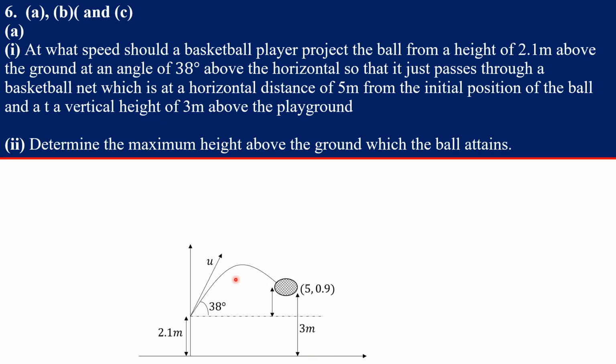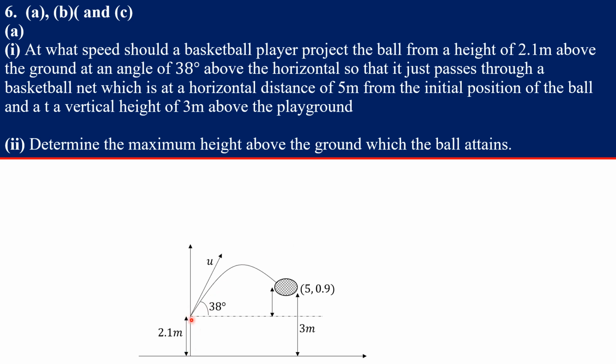So this is really what is happening. You're projecting the ball 2.1 meters above the ground, and the net itself is 3 meters above the ground. If I project the ball and it goes through the net, what is the vertical distance the ball has covered from this plane of projection? It would simply be 3 meters minus 2.1, because the ball was not projected from the ground.